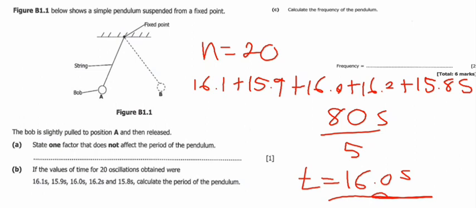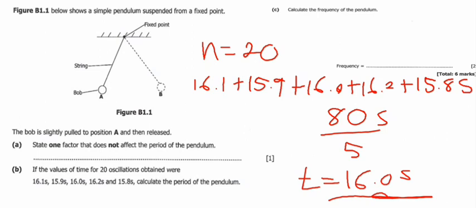Now I want you to observe something here. When they say the average time, what does it mean? Average time is more like the time which is at the middle. In Bemba we say pakati, right?